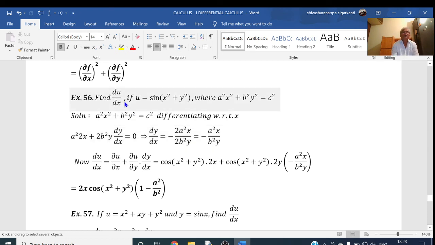Now I have to find out this du by dx. Du by dx can be written as ∂u/∂x into 1 plus ∂u/∂y into dy by dx. I already have got dy by dx.